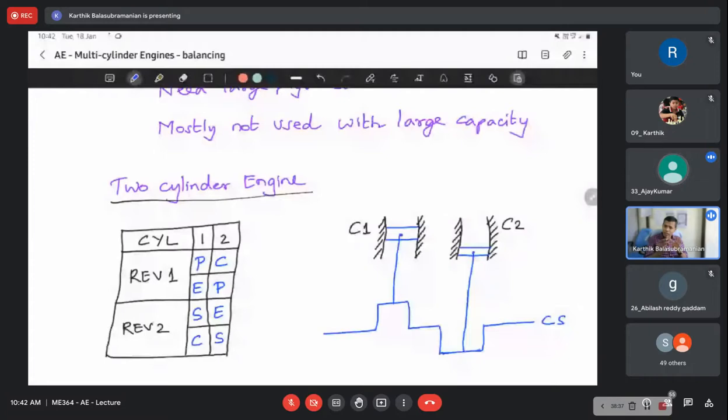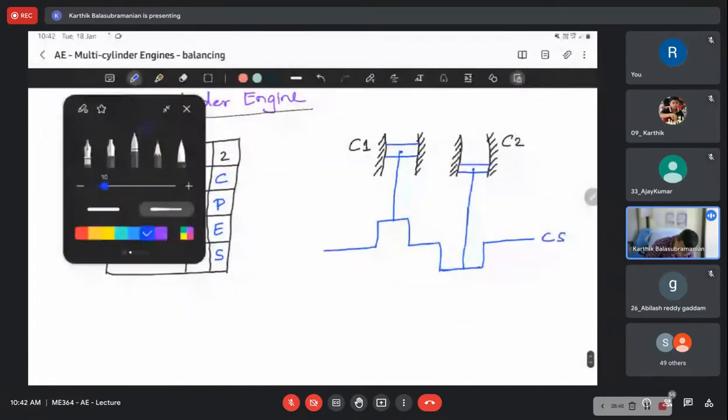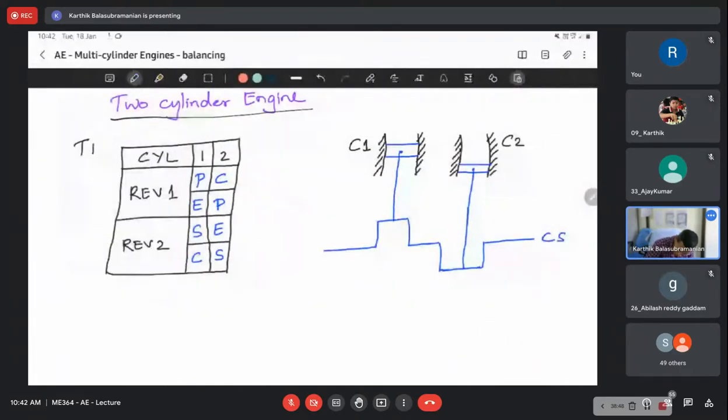So now can I have another table for the same arrangement? So this I call table 1. Now let me write table 2.